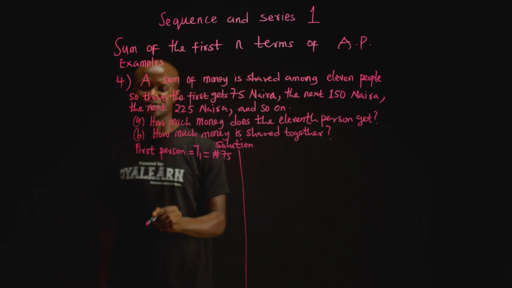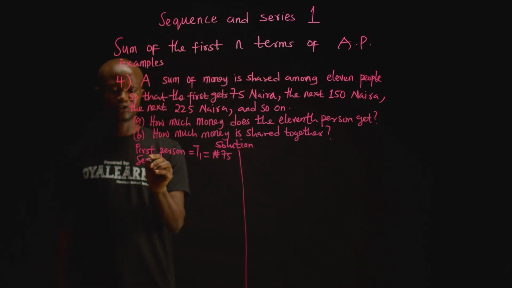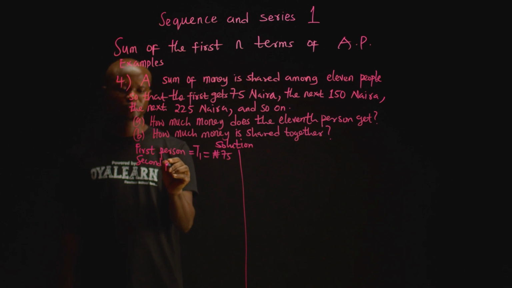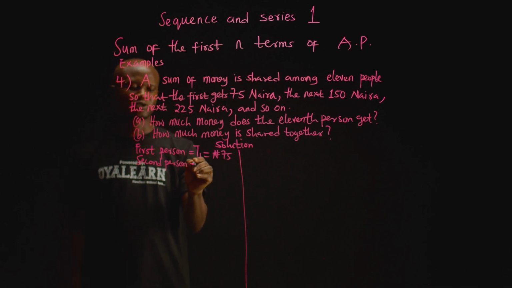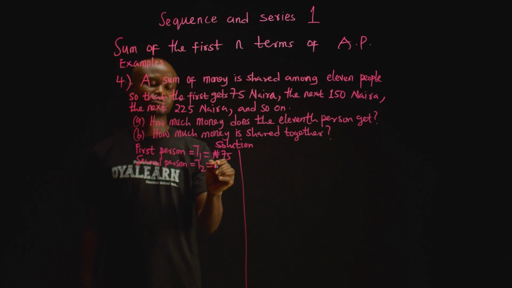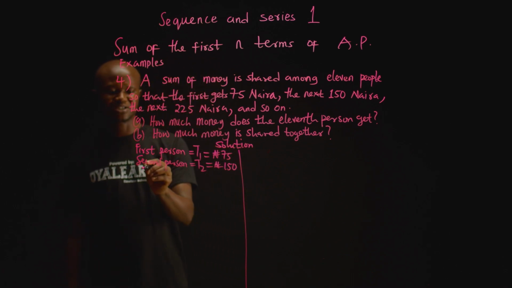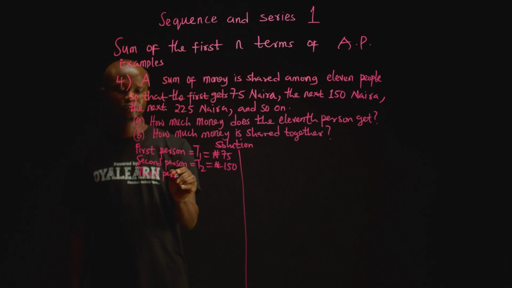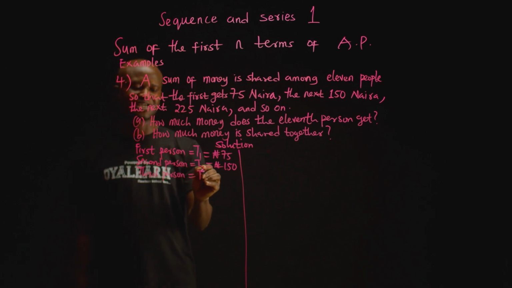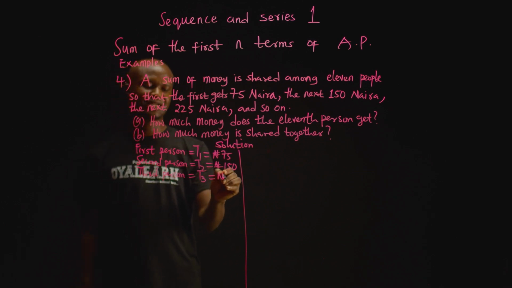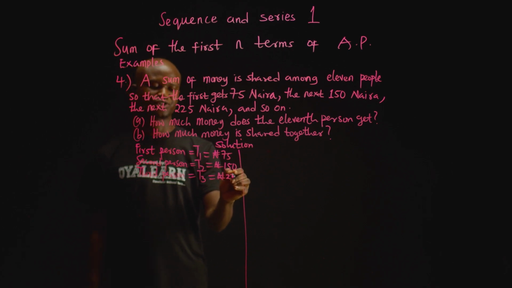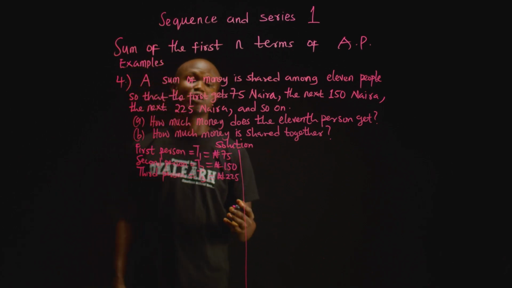And the second person, which represents T2, is 150 naira. The third person, which represents T3, is 225 naira, and so on.